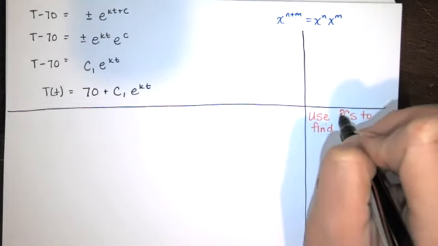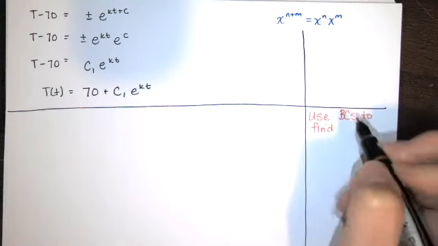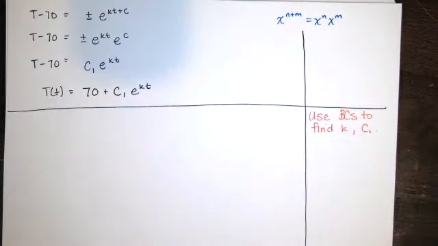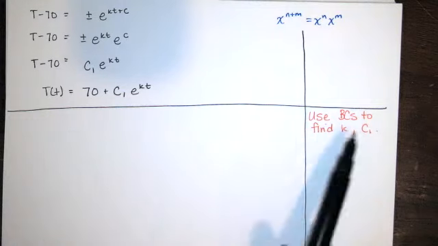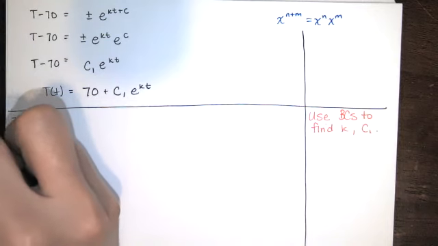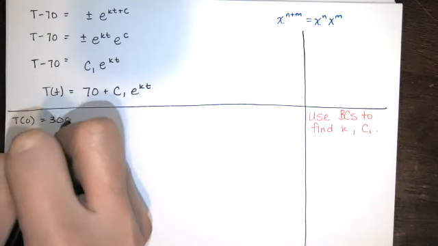I wrote ICs, but I guess technically they're boundary conditions. In this context, I'm really thinking of it as an initial value problem, and the second condition is just helping me to find the value of that parameter. But I guess technically for differential equations, since we've got two values of the independent variable, they would be boundary conditions. So we have T of 0 equals 300.